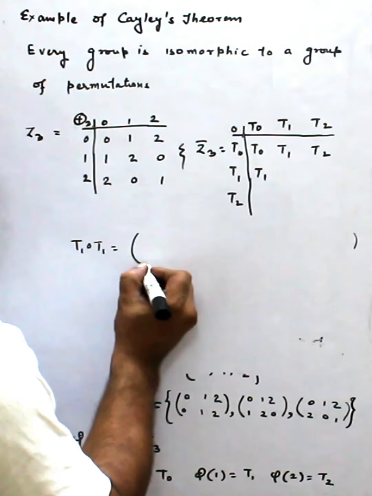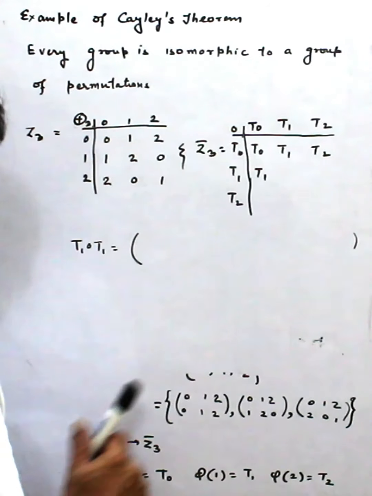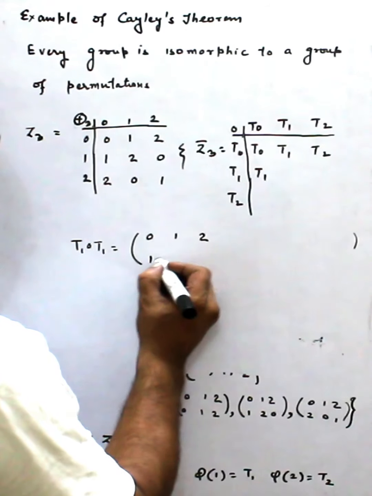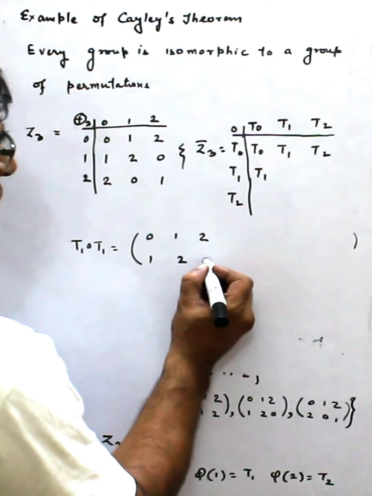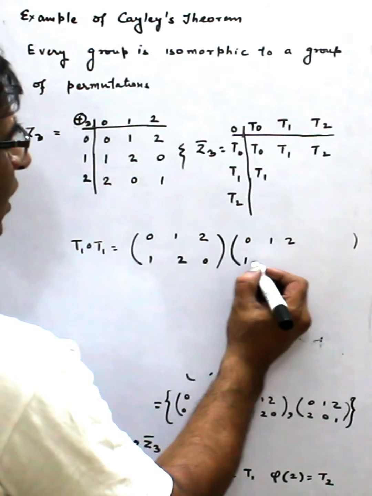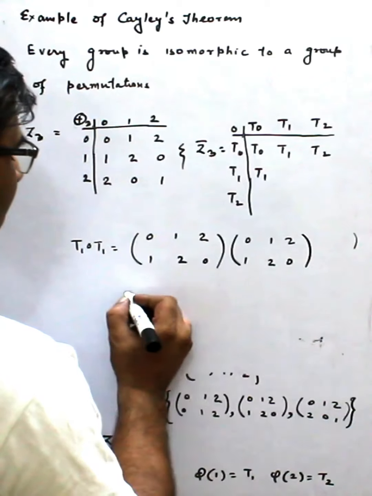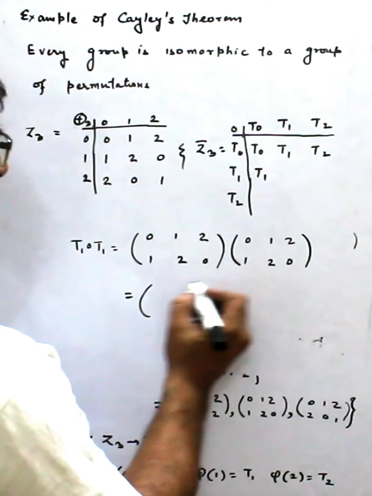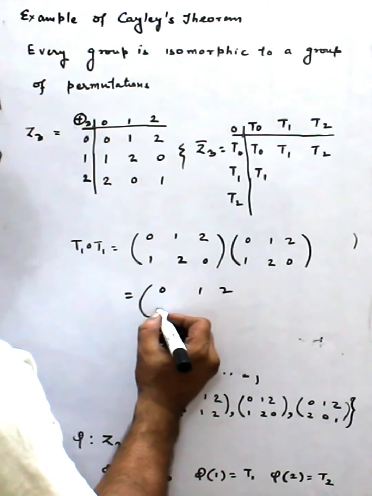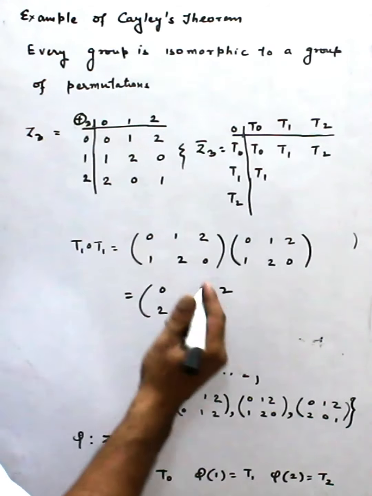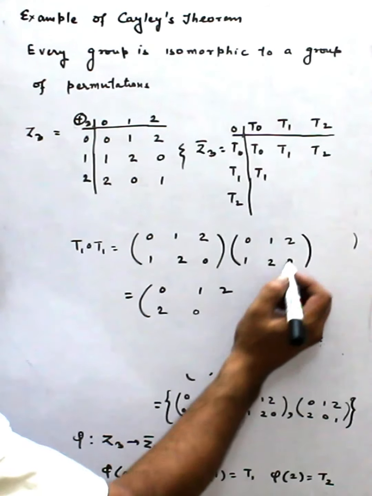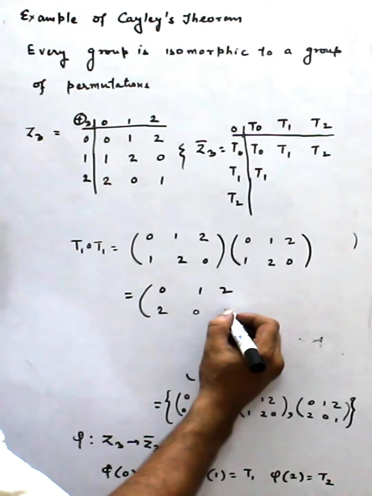T1 is 0, 1, 2 to 1, 2, 0. Here 0 goes to 1 and 1 goes to 2, and 1 goes to 2 and 2 goes to 0, 2 goes to 0 and 0 goes to 1.